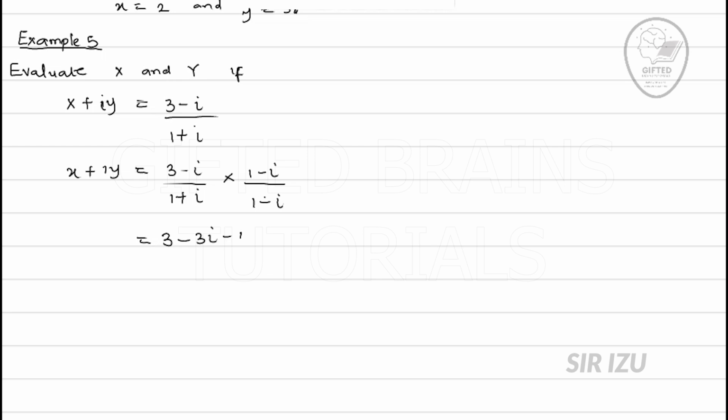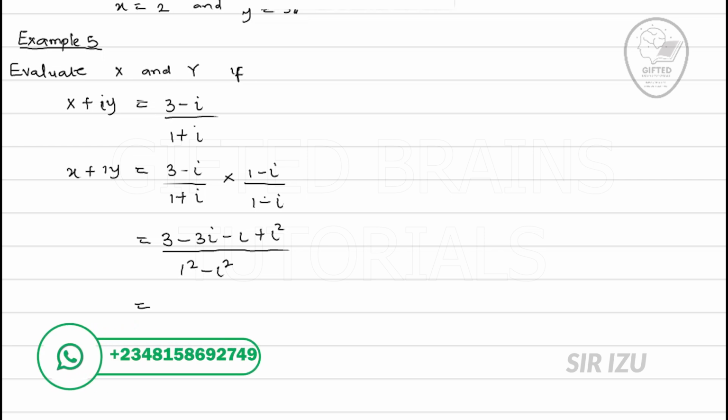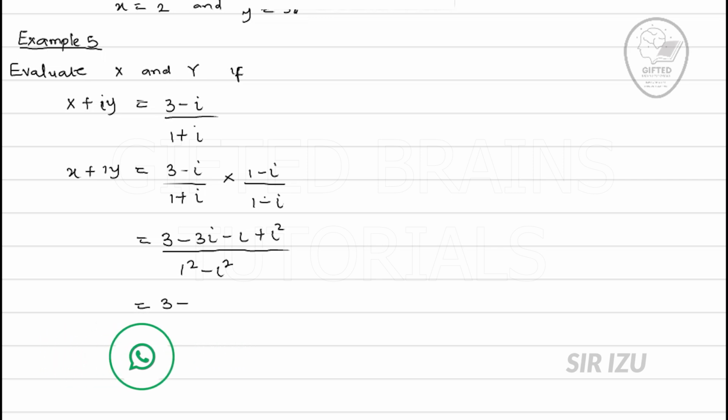minus i plus i squared all over 1 squared minus i squared. I'm just taking it firstly. So again, we would have 3 minus 4i minus 1 all over, at the denominator we just have 2.